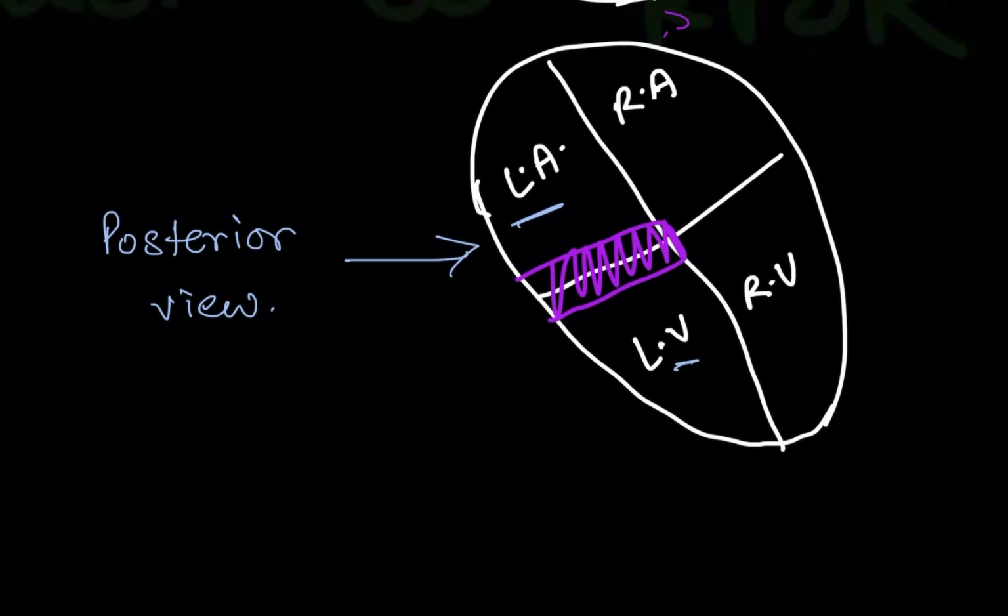In the posterior view, you can see you have left atrium over here, left ventricle, and between them there is a sinus which is the coronary sinus. Now coronary sinus is actually formed by many veins coming together. Then this sinus, as we have done in our previous video, will open into the right atrium. Okay.